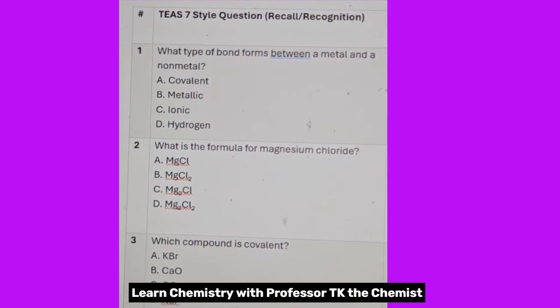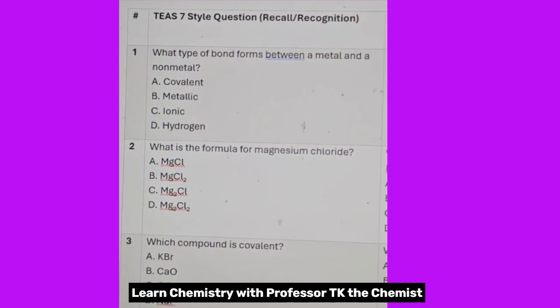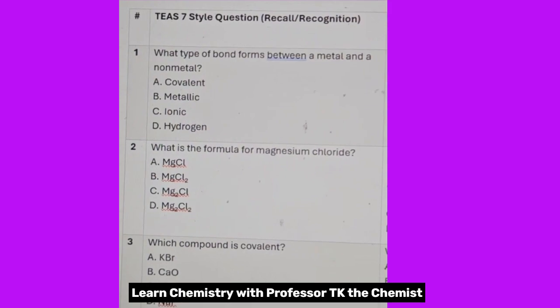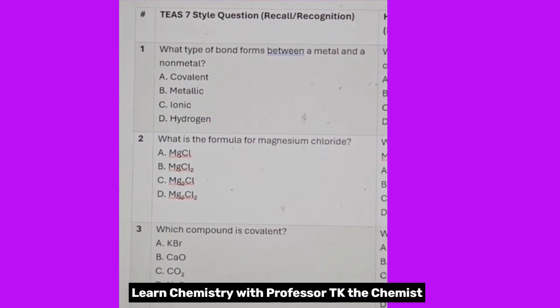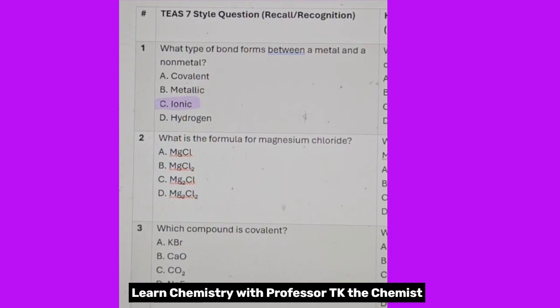What type of bond forms between a metal and non-metal? Now, we just talked about this, so y'all better get this one right. Exactly, ionic. Okay, number 2. What is the formula for magnesium chloride?